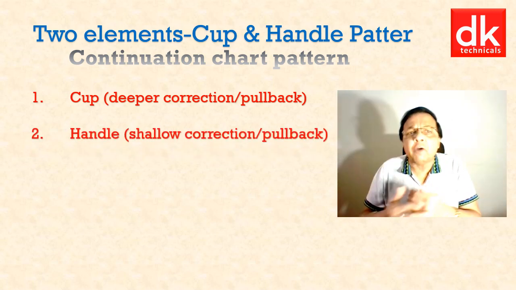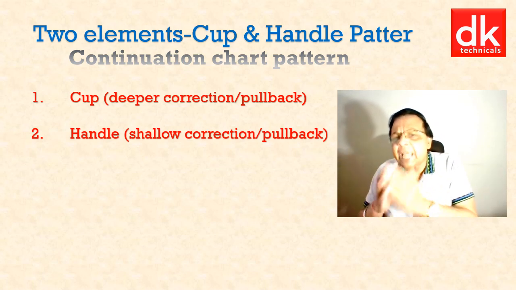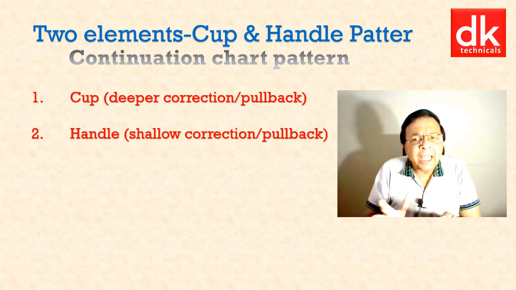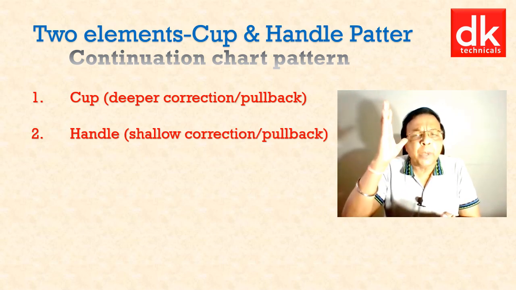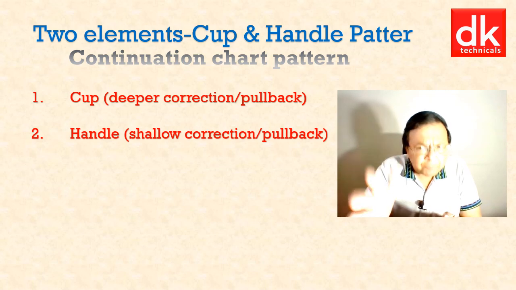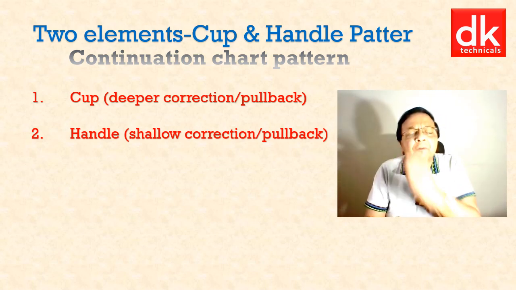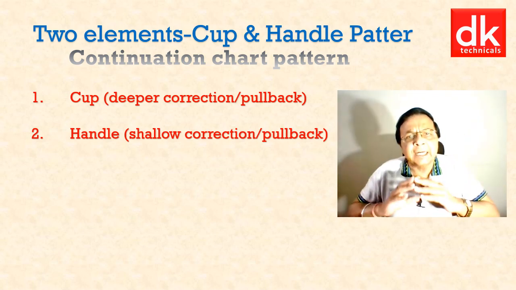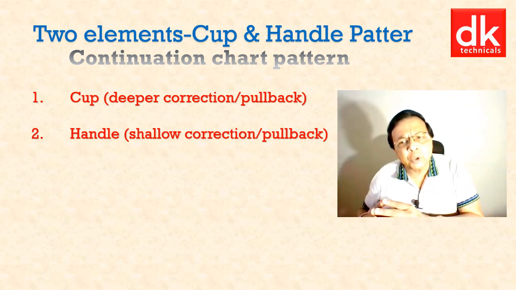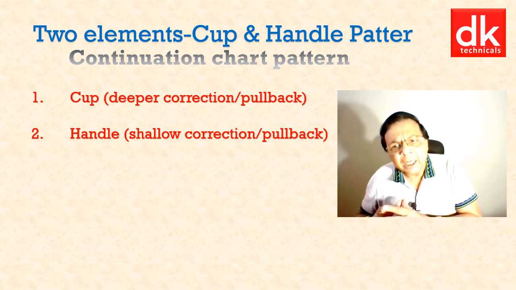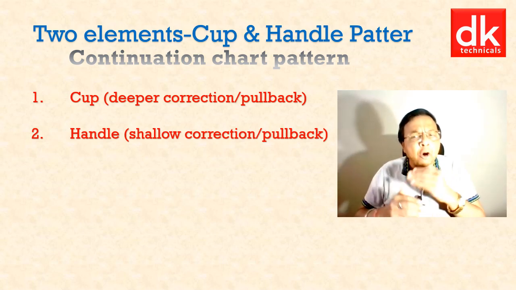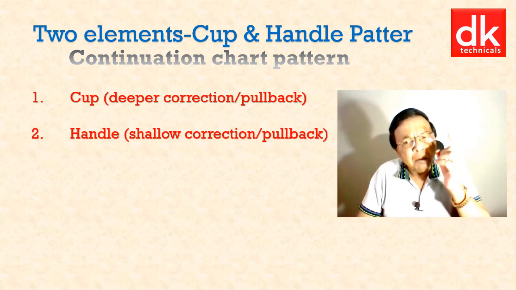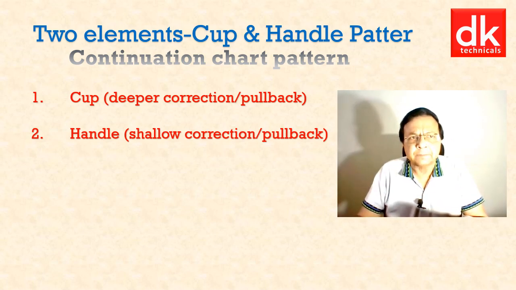The second element is the handle, which is a shallow correction, normally happening in the top half portion of the right side impulse wave, which forms while the cup is under formation. The cup portion is a little deeper correction and the handle portion is normally a shallow correction limited to within 50% retracement of the right impulsive wave, which is a part of the cup and handle formation.